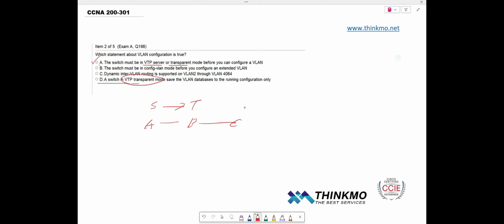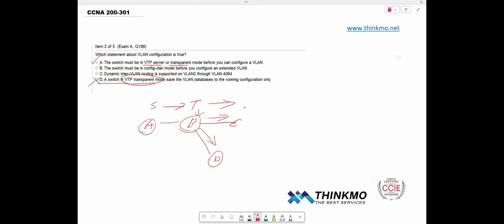In transparent mode, not only does it keep the information itself, but it also forwards it to C. Additionally, if there is a D here, it will forward it to D as well. In other words, in transparent mode, I will forward the notification sent by A to all my neighbors. So this option is incorrect, right?